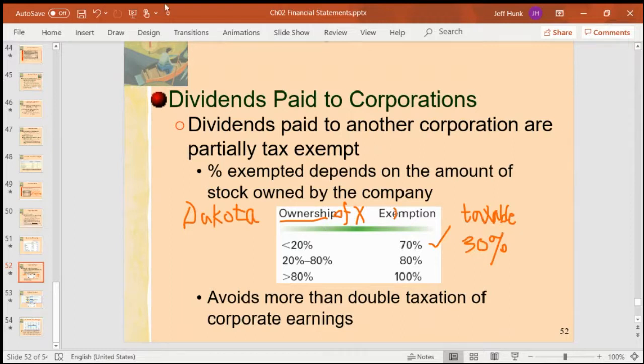Only 30% of that is taxable. Doesn't look that pretty, but okay.